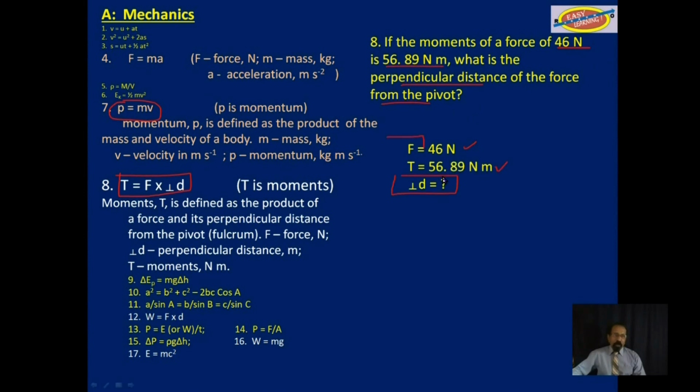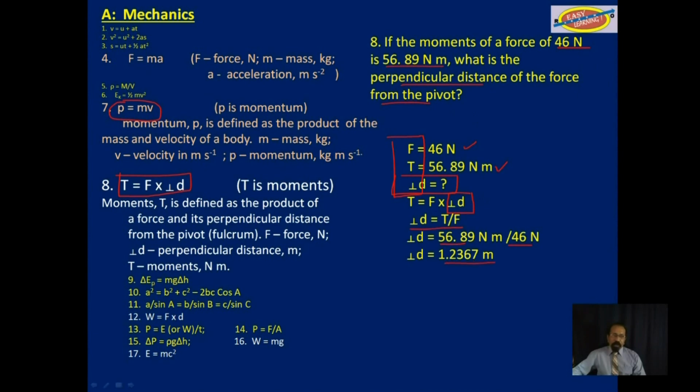Again, we do have a formula that relates those three things. T is equal to F times perpendicular distance. This time we want to find this perpendicular distance, so we change the subject of the formula. Perpendicular distance is equal to T divided by F. You substitute the numbers you were given, and we get perpendicular distance is equal to 1.2367 meters.